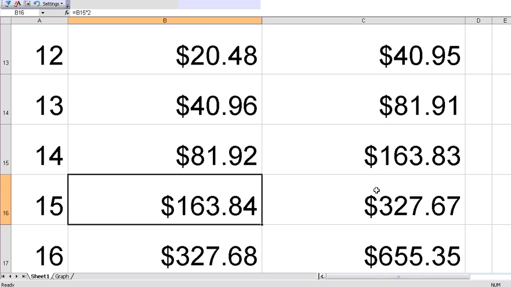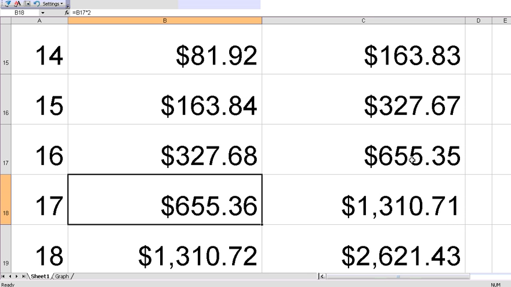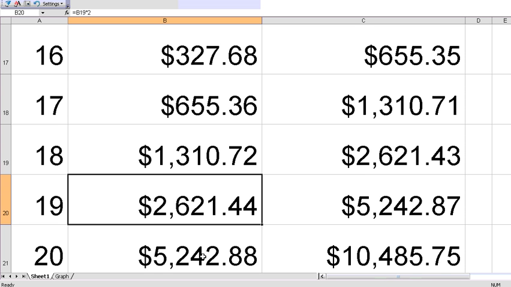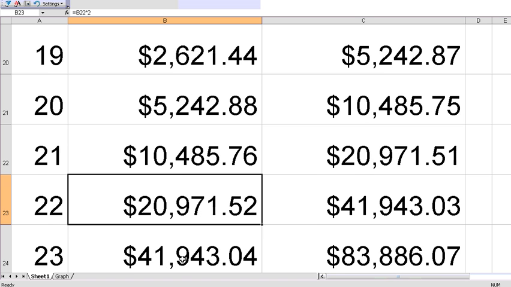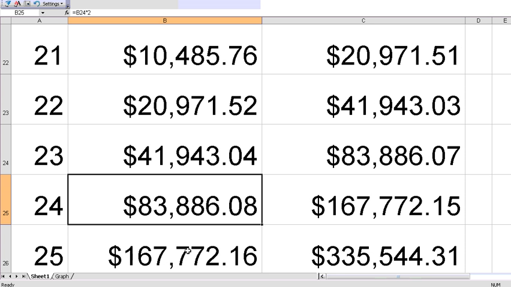Doesn't look very promising. Ooh, look at day 18. We're now up to $1,000 in just one day, but remember there's 1,000 thousands in a million. 5,000, 10,000, 20, 40. Day 25 for 330,000.